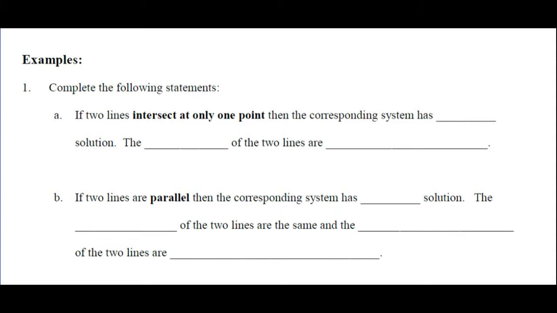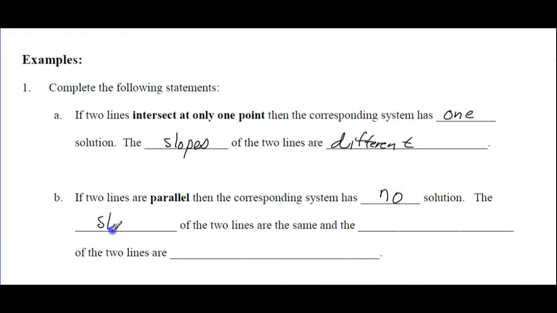Examples. Complete the sentences. If two lines intersect at only one point, then the corresponding system has one solution, and we know that the slopes of the two lines are different. That's all we need: different slopes, only one point of intersection. If two lines are parallel, the corresponding system has no solution.